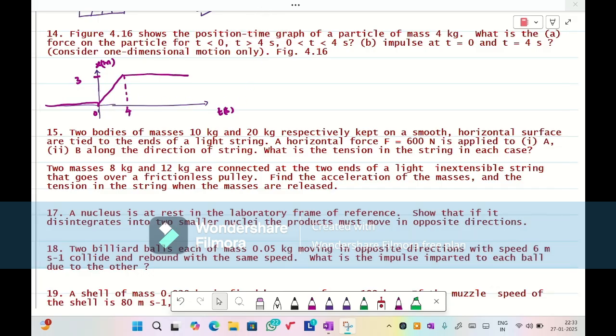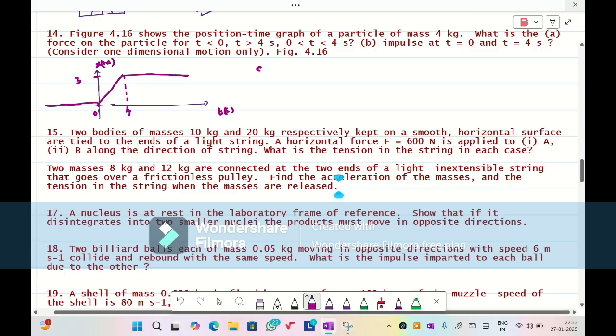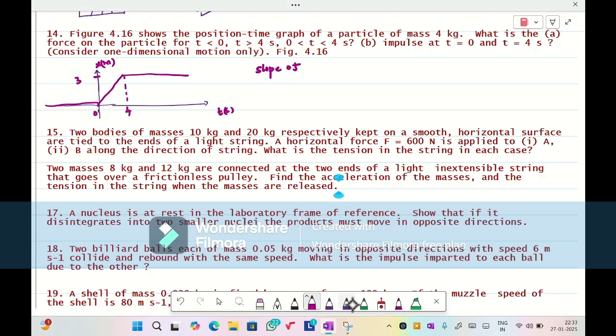The x-t graph is given, and I already explained the graph experiments. The slope of the x-t graph gives velocity. Now here, from some time initially before observation, at t equal to 0 you are observing the motion of the particle.